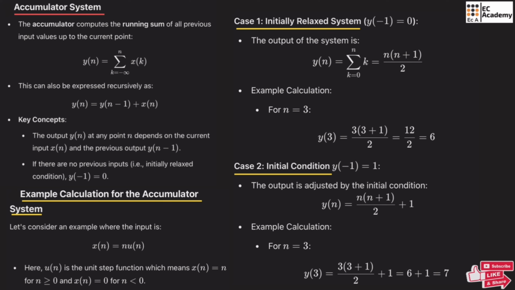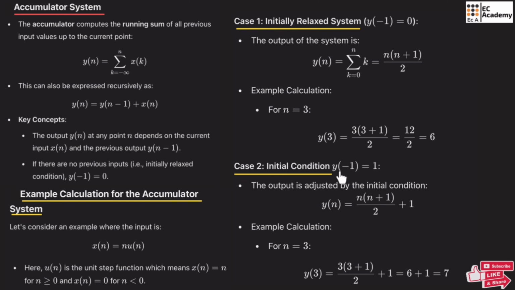If we substitute n is equal to 3 here, we will get y of 3 is equal to 3 into 3 plus 1 divided by 2. So we will get the value as 6. So likewise you can find for all the values of n.